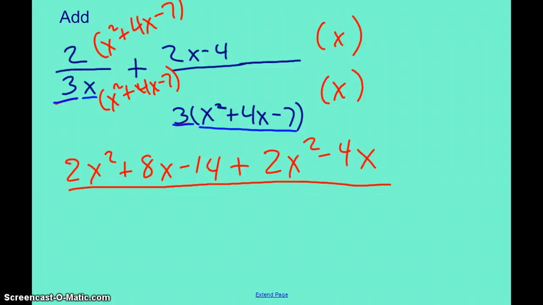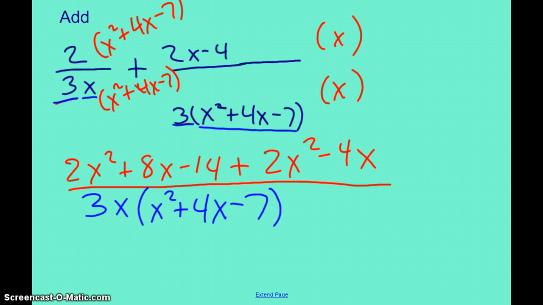And of those 4 factors, the 3 is shared. So therefore, I'm going to have a 3 in my common denominator, and I did not multiply either side by 3 because the 3 was already there. In order to make everything be represented in the denominator, the x will be there, as will the x squared plus 4x minus 7. So there's my common denominator.